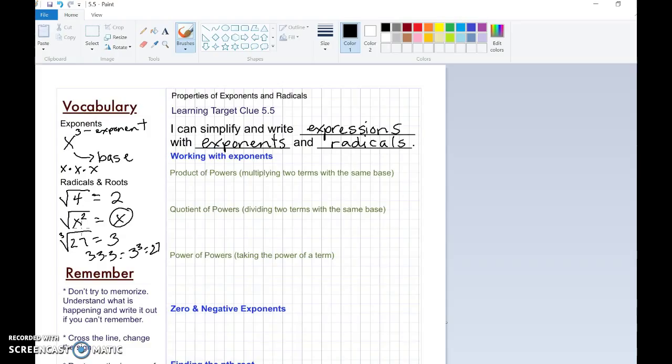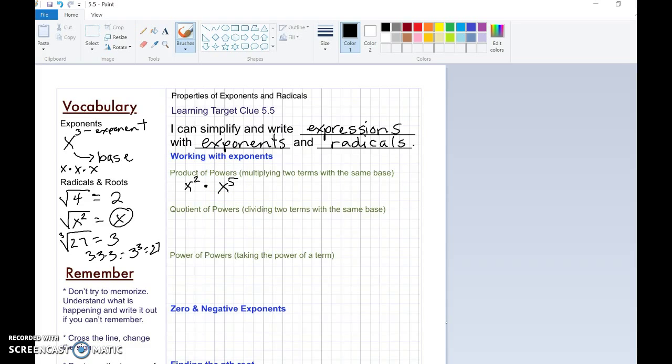The first one is called product of powers, and that's when you have two terms, let's say x to the second times x to the fifth. And we want to simplify this.